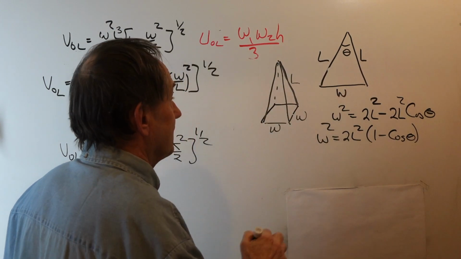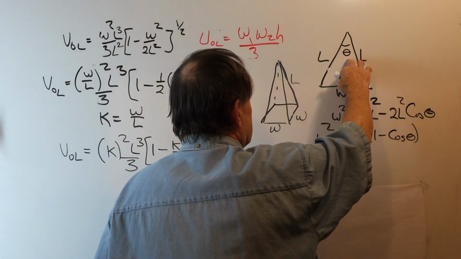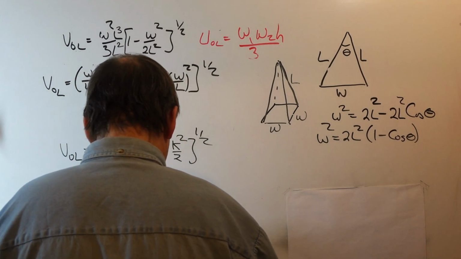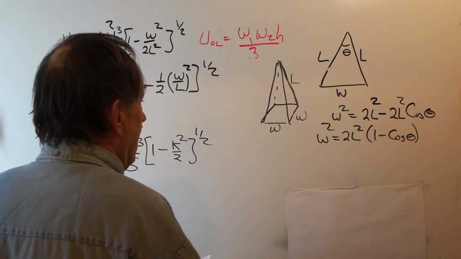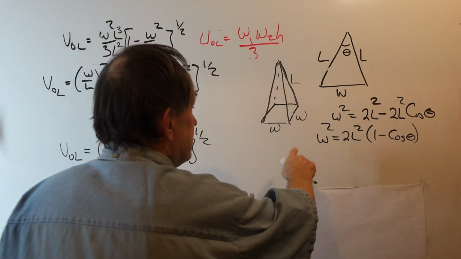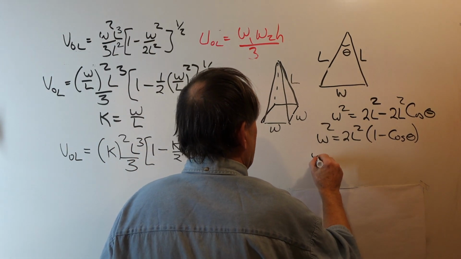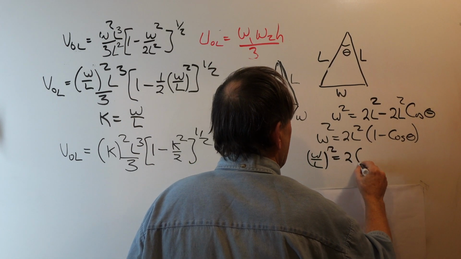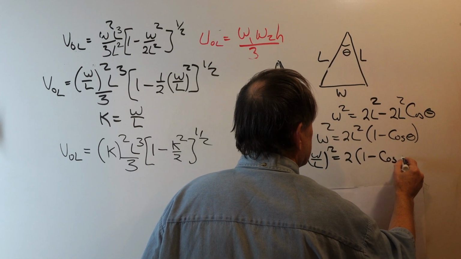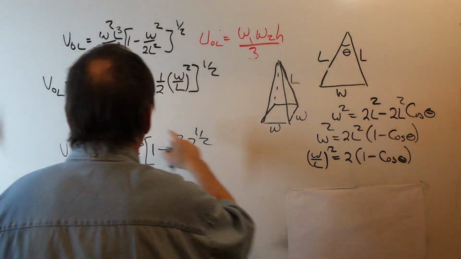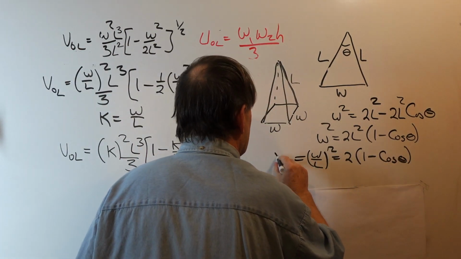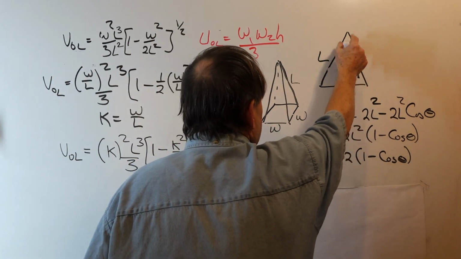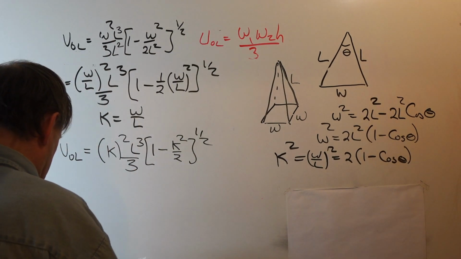Well, I can very accurately determine what theta is, as well as the side lengths, and I prefer to work with the angles. So we can see here then that W over L squared is equal to 2 times 1 minus the cosine of theta. Well, W over L is our K, so this is K squared. So we can get K in terms of the angle that the two sides make.